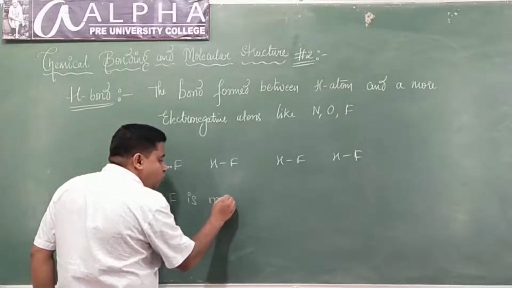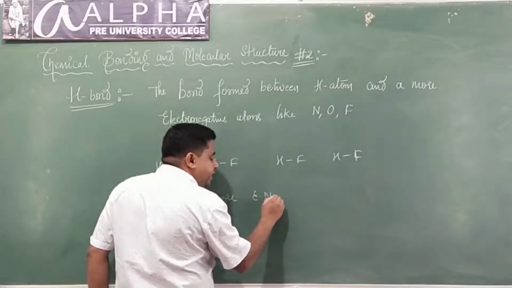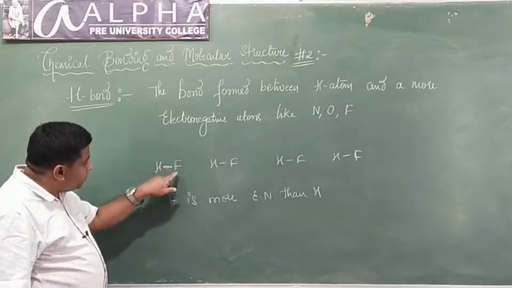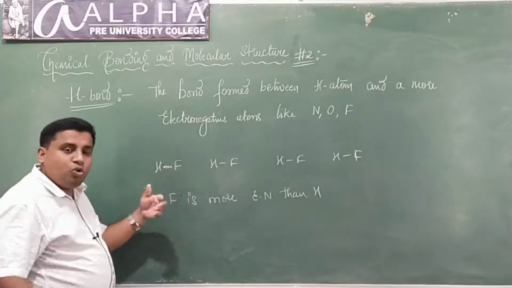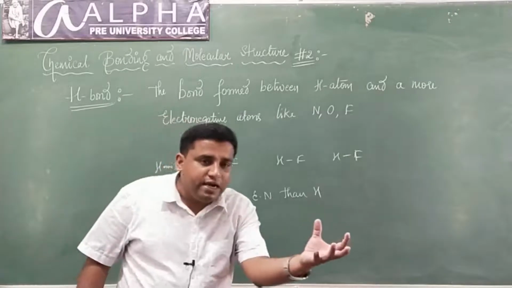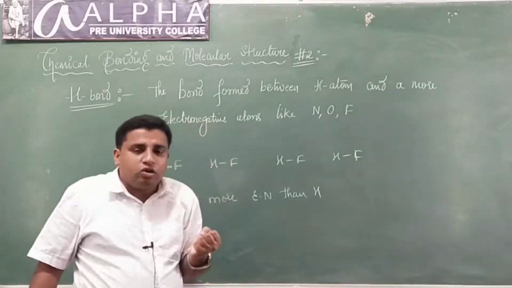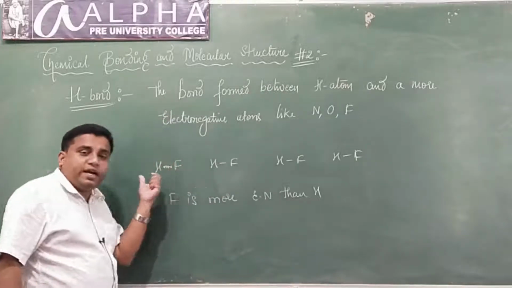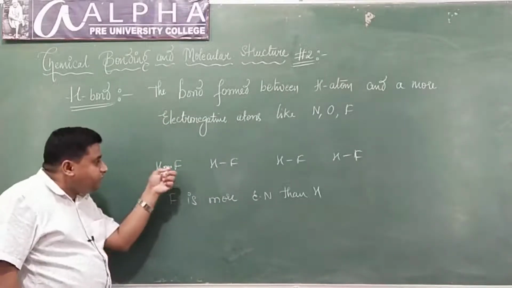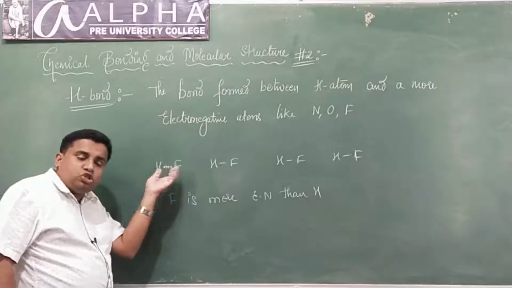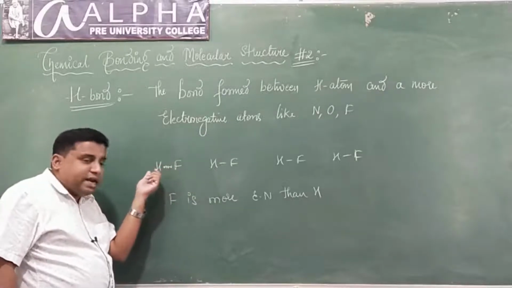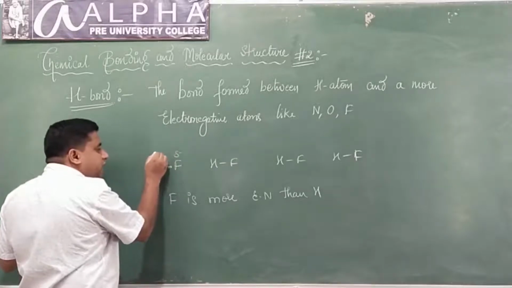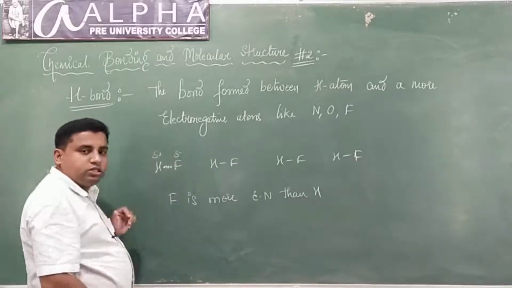What do you mean by electronegativity? The tendency to withdraw the shared pair of electrons, the tendency to attract the electrons. So fluorine has more tendency to attract the electrons, therefore fluorine will attract these electrons towards itself. When fluorine attracts the electrons towards itself, fluorine will get partial negative charge, hydrogen will get partial positive charge.